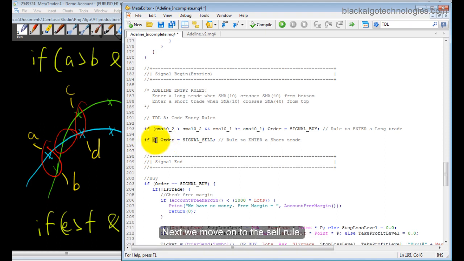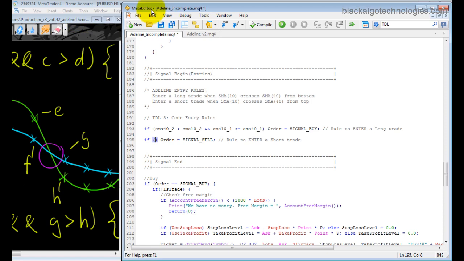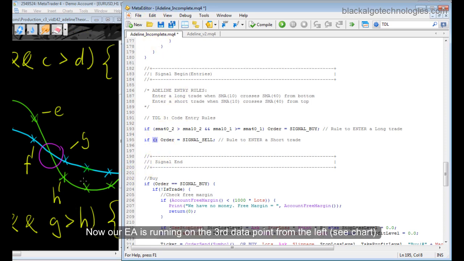So now for the sell rule, that's the case. Let me adjust this. Now our EA is at this point, the third one from the left.